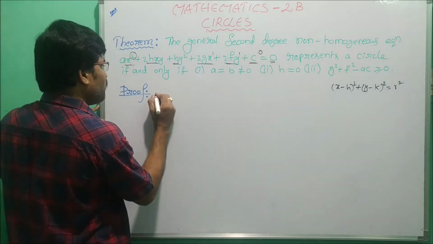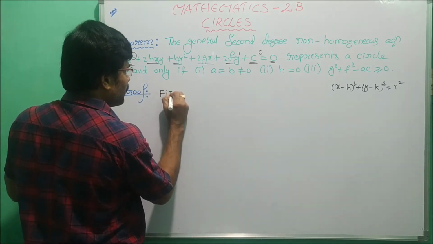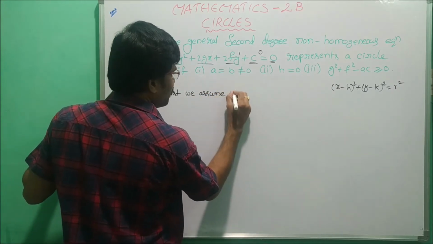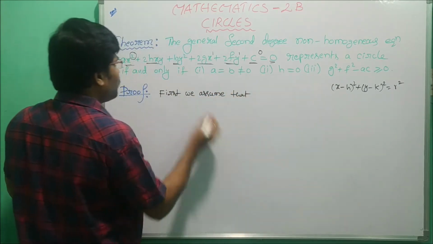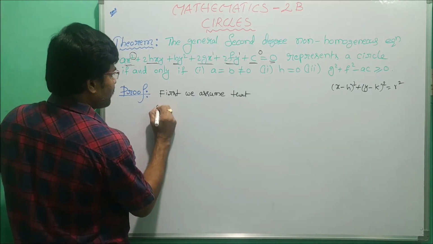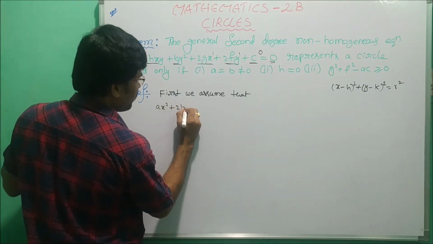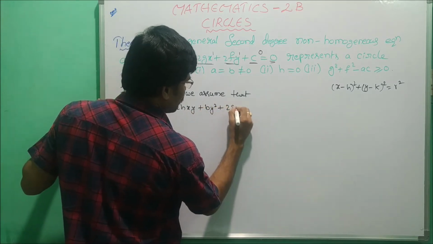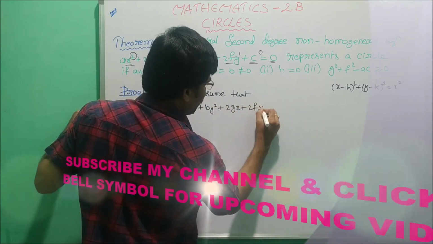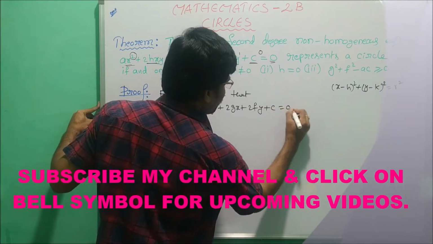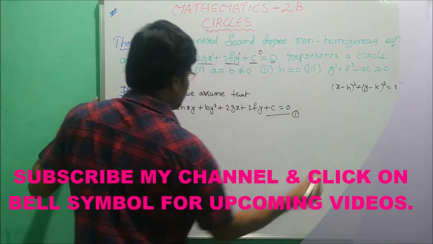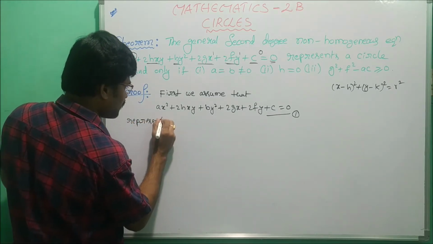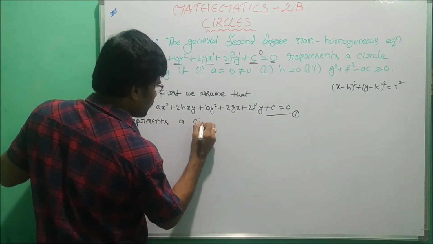So here first we assume that ax square plus 2hxy plus by square plus 2gx plus 2fy plus c equals 0, let it be equation 1, represents a circle.